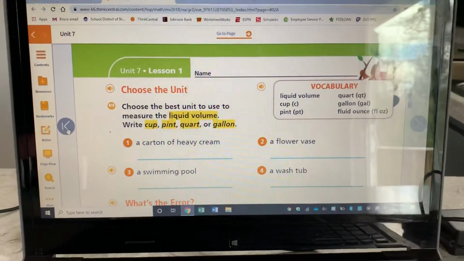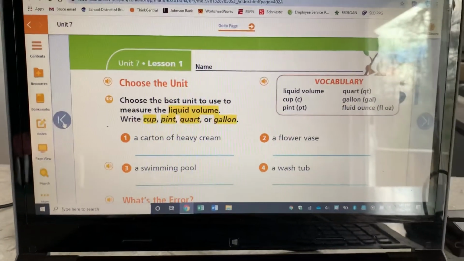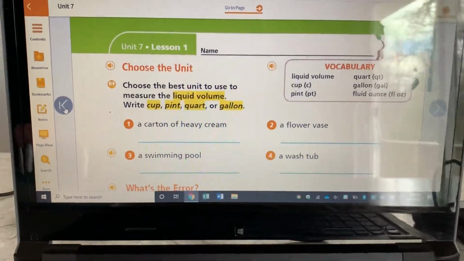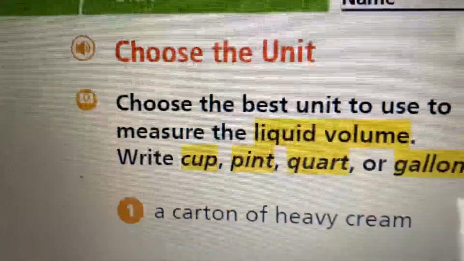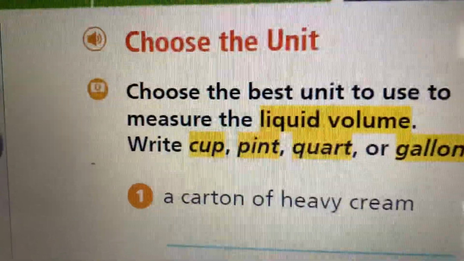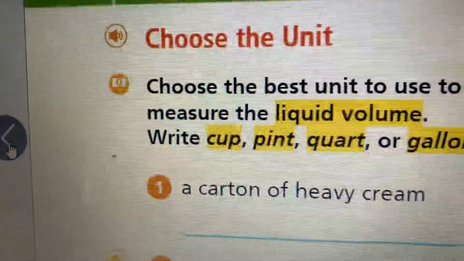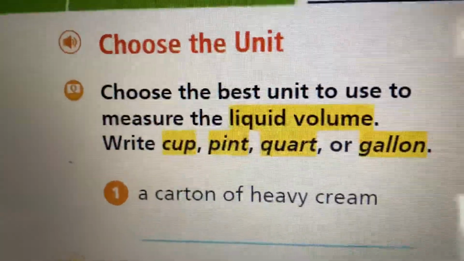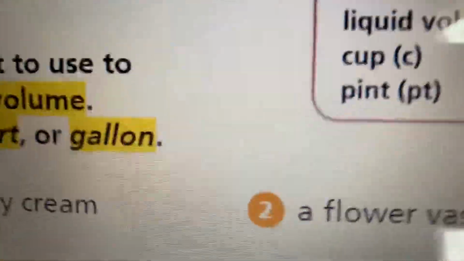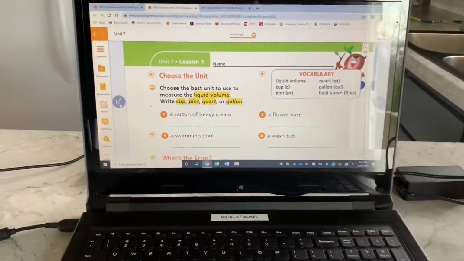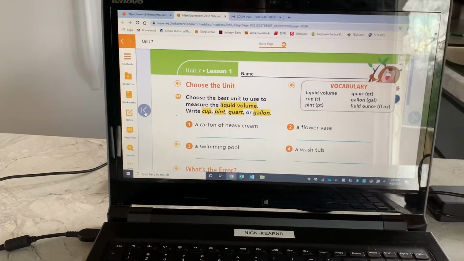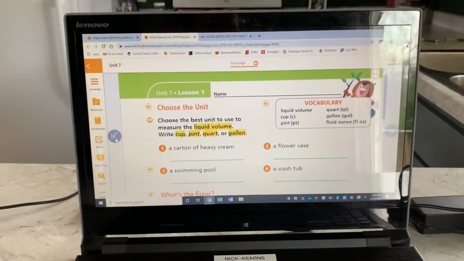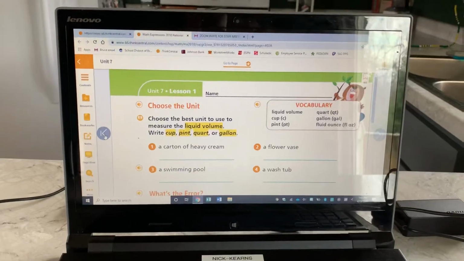So you might need a big unit to measure how much water would be in a tub. Would you go with a cup to measure a bathtub? That'd be a lot of cups. That would be a lot of work. You'd have to dump out many cups. So you'd want to go with the biggest unit, the gallon here, so that you can work smarter, not harder, and use your measurement skills to figure out how much something holds with the volume here.